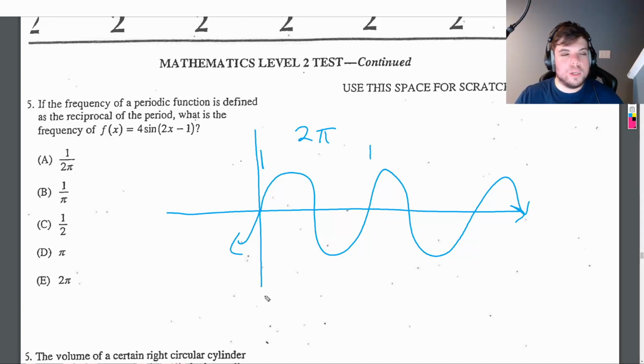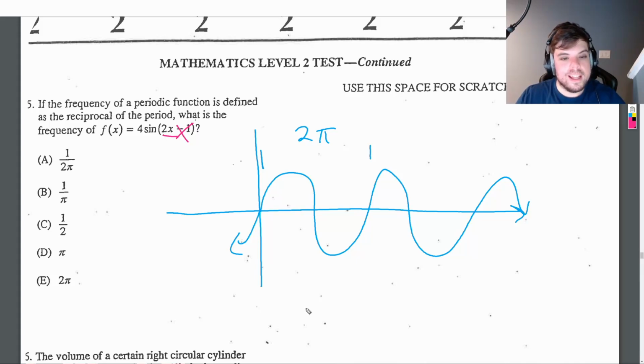So if you just take away 1, like the sine of x minus 1, whether that 1 is degrees or radians doesn't matter, the sine of x minus 1 is still going to have a period of 2 pi. The sine of x minus 2 will still have a period of 2 pi. The sine of x minus 90 degrees, or x minus pi over 2, or x minus 2 pi, will still have a period of 2 pi, or 360 degrees. So this part doesn't matter. It's just the 2x. What does 2x do?